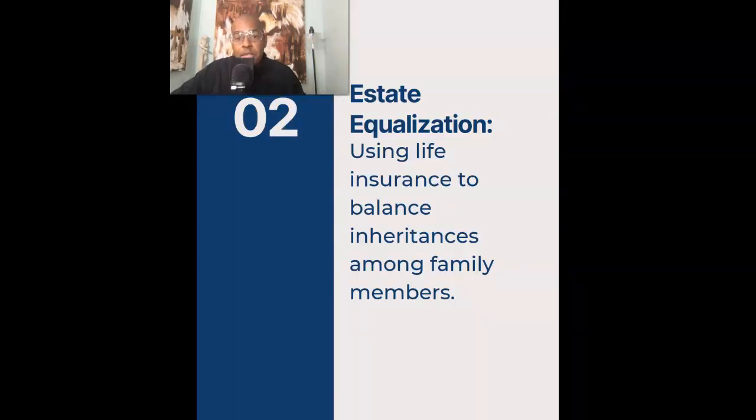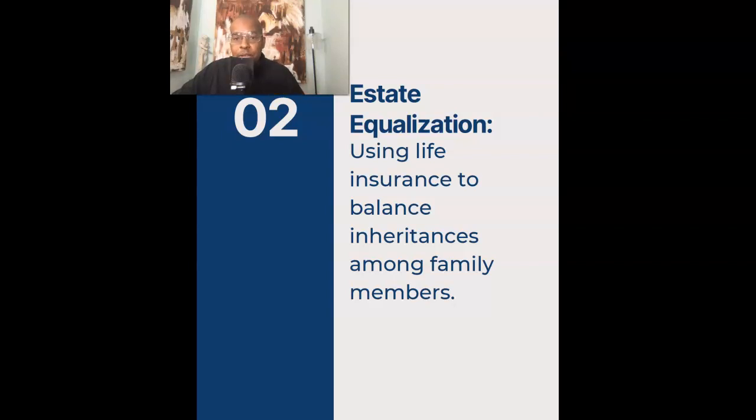Another way you may use life insurance is for estate equalization. A good example of this is if you're a parent and you have 2 children. One child works in the business, the other does not, and you want to leave the business to one of the kids, of course the one that's working in the business as a more practical step, but you want to leave an equivalent amount to the value of the business.